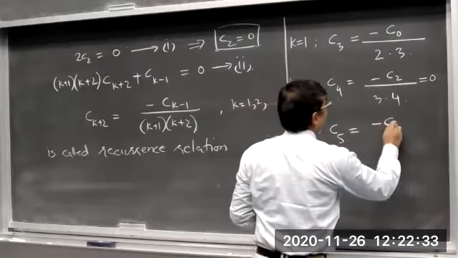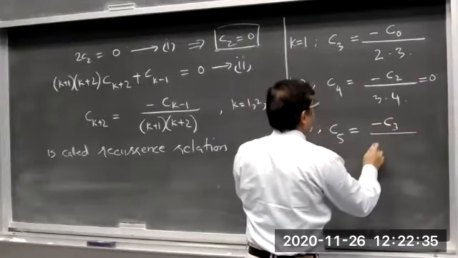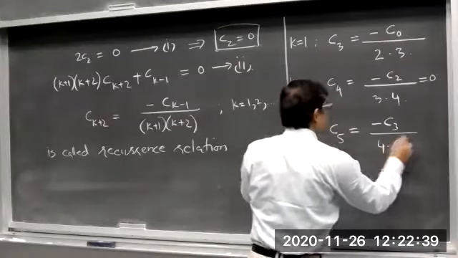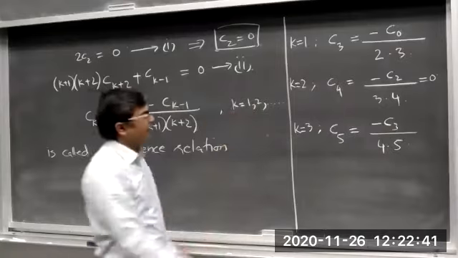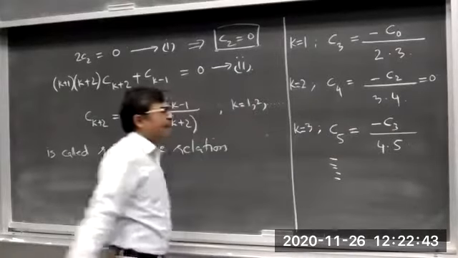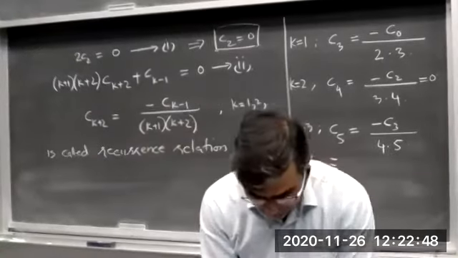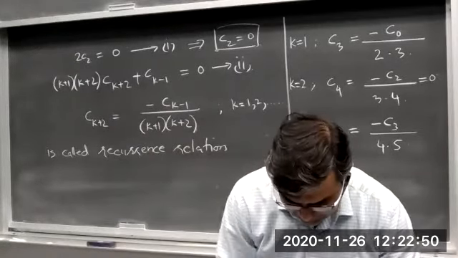C5 is negative C3 divided by 4 into 5. Similarly, and so on, we can find many other constants, and we can finally write the series.